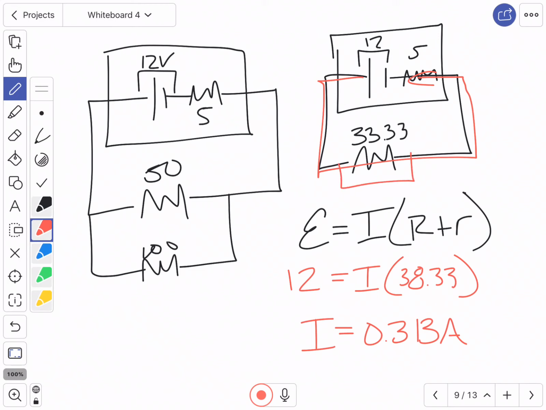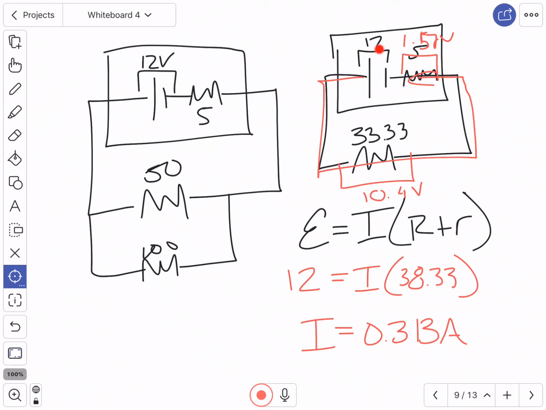The voltage across this resistor is going to be 10.4 volts, and the voltage across my internal resistance is going to be 1.57 volts. So what we see is while the voltage of the battery is 12, it's actually only going to provide 10.4 volts.